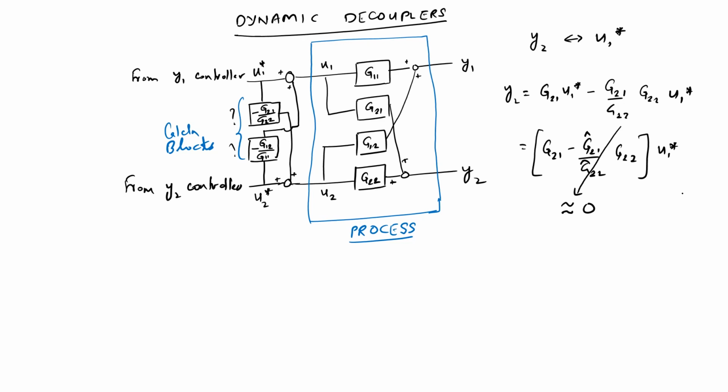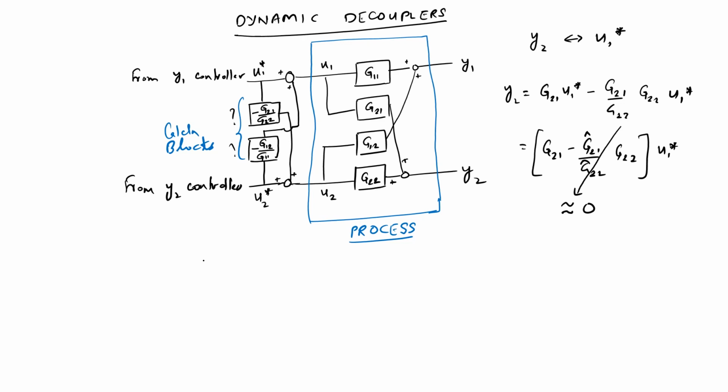Similarly, you will see that, okay, the other thing: let us look at what will be the impact on y2 of u1 star. So if u1 star goes up, what happens to y1? Let's look at that.